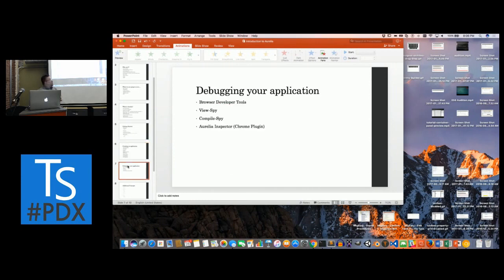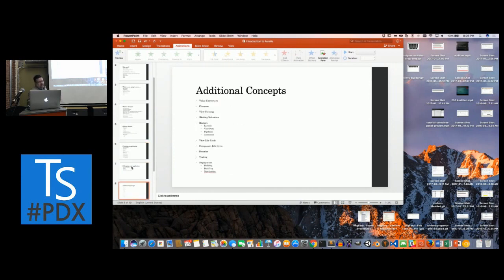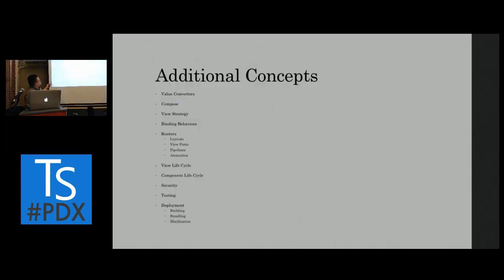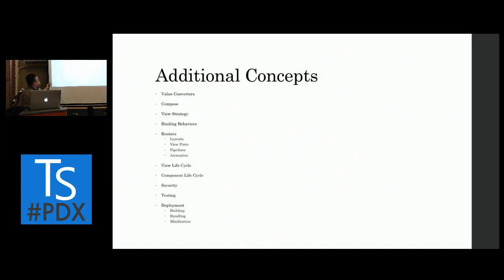Okay. Before I jump into that code, let me just, is that large enough? Let's just make it really big. Okay. We've already talked about this. You have value converters. You have the ability to do something called compose.